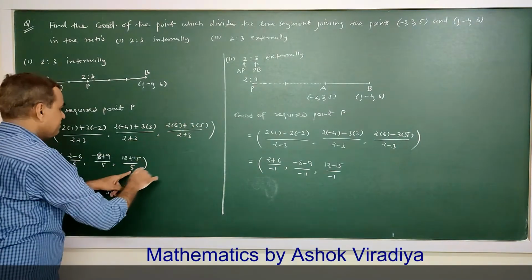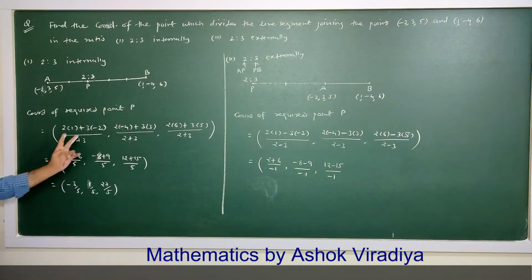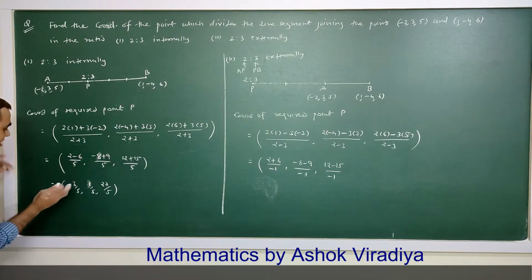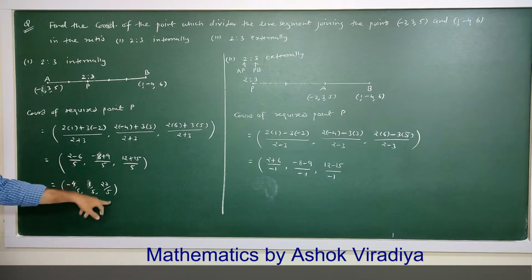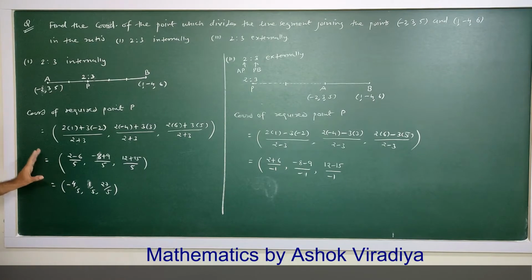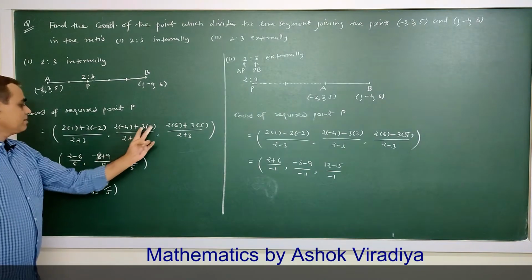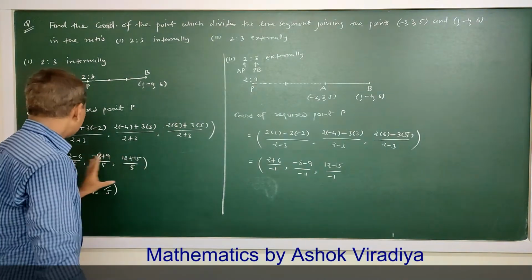Here 12 plus 15 by 5. So 2 minus 6 is minus 4. Okay, now it's fine. Sorry.